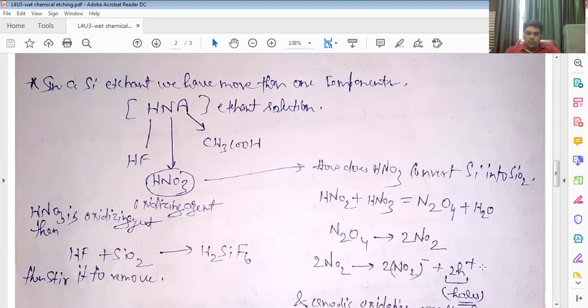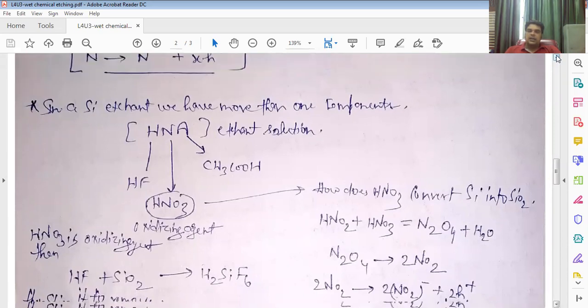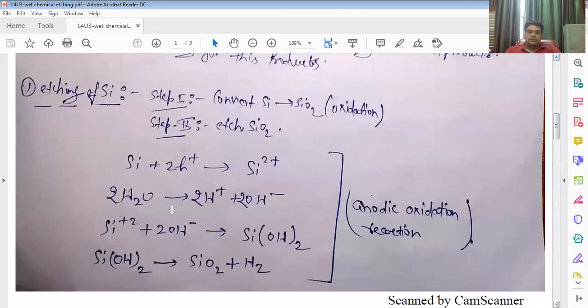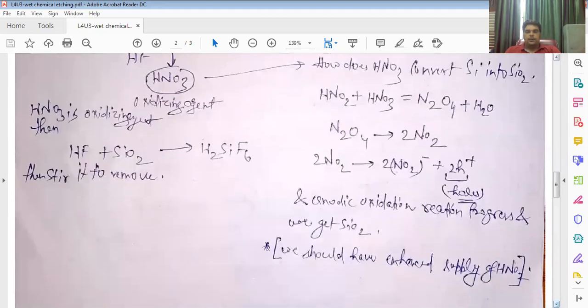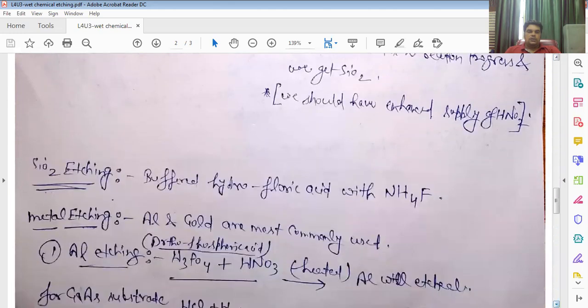So holes are created here by HNO3, and these holes are being used by silicon as we discussed in the anodic oxidation reaction. So HNO3 basically supplies these holes. For that matter, we should have an enhanced supply of HNO2, because with the help of HNO2, these holes are being created. That is how this is performed.